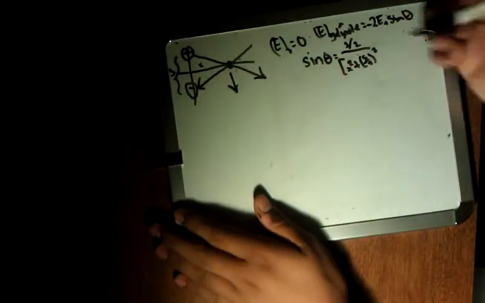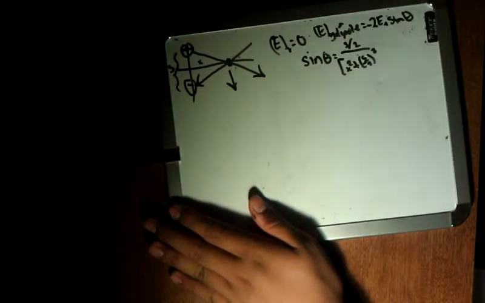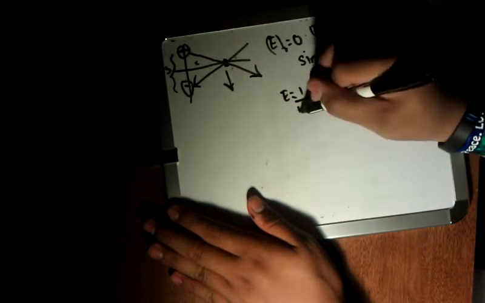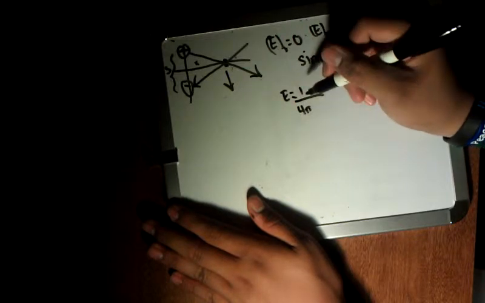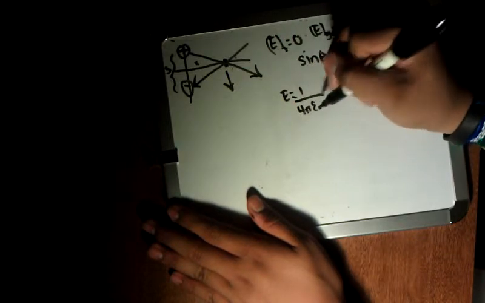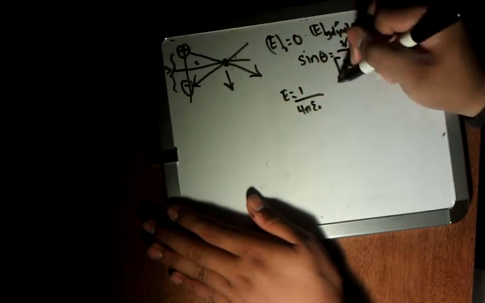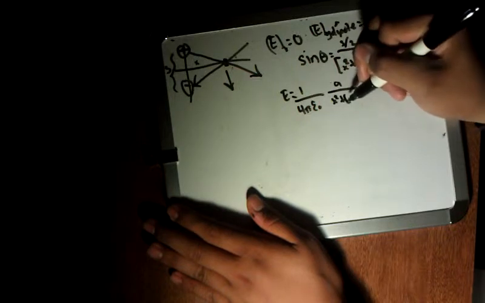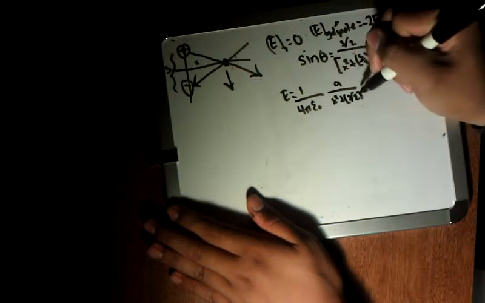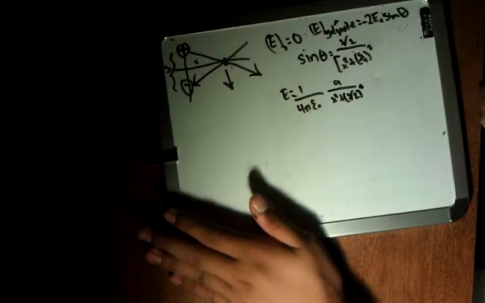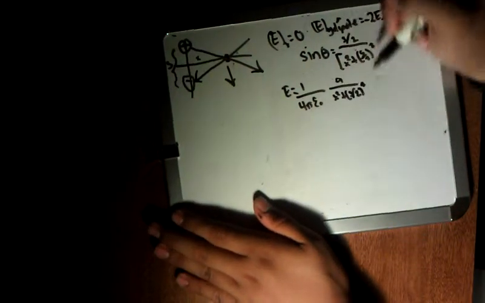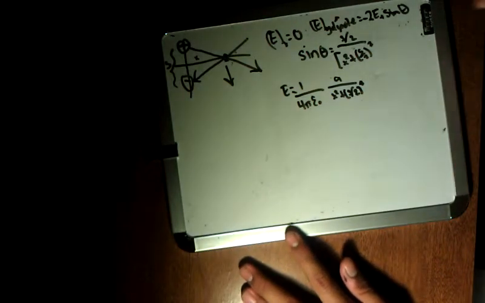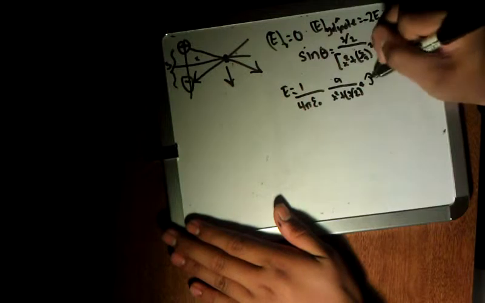So now we need our prior knowledge of what the field of a charge would be, which is E equals 1 over 4 pi epsilon naught, and then the charge q over x squared plus (s over 2) squared, and this is the value r, and we found r over here. So now that we have all this, we can't forget that this is all in the j hat direction.